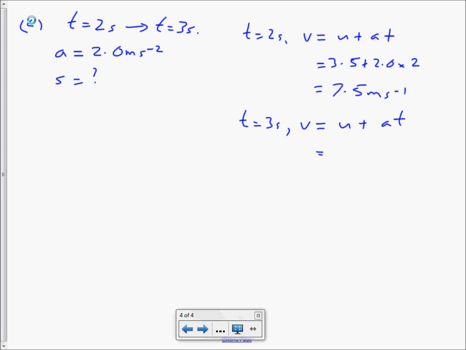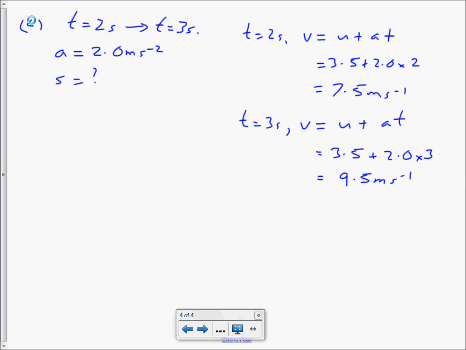But now the initial velocity would be what you started with after 2 seconds. So it would be 7.5 plus 2.0 times, hold on, sorry, apologies. If we're trying to find the velocity from the beginning after t equals 3 seconds, yeah, we would go back to using the initial velocity plus acceleration times 3 seconds. So that's going to be 9.5.